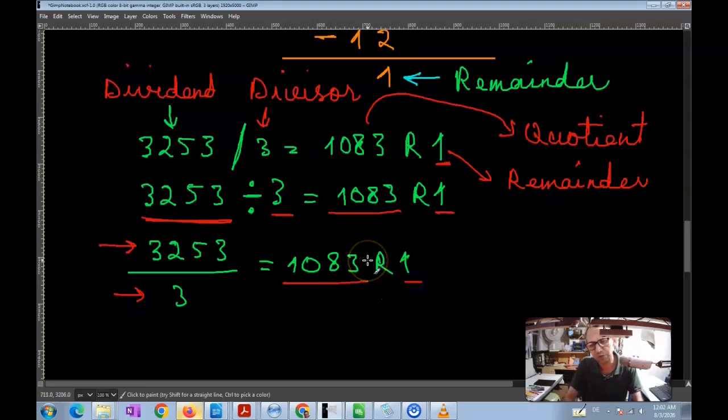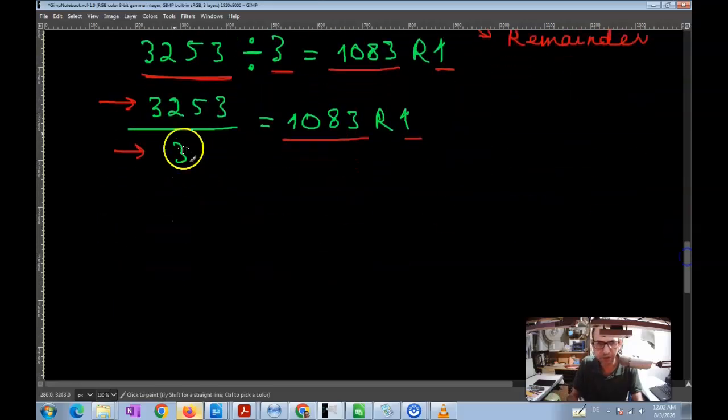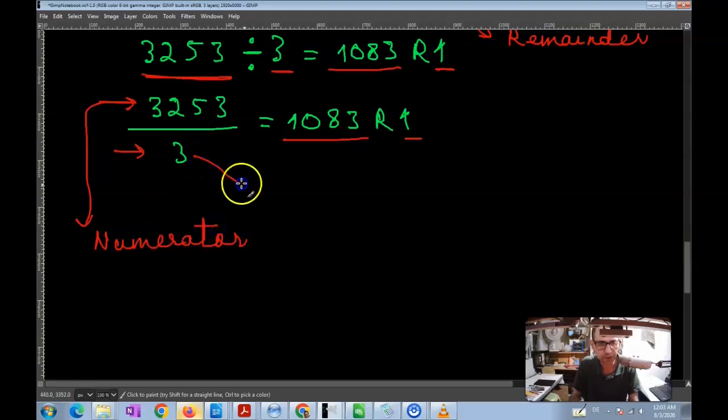Now there is one more thing that you need to know about division, and that is the fact that when you write your divisions in the form of a fraction, there is one number on top of the fraction and another number on the bottom of the fraction. The number on the top of the fraction is called the numerator, and the number on the bottom of the fraction is called the denominator.